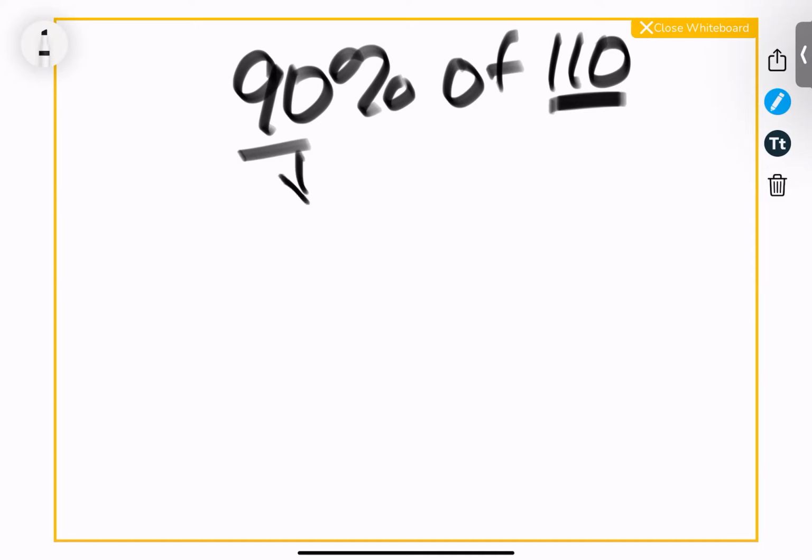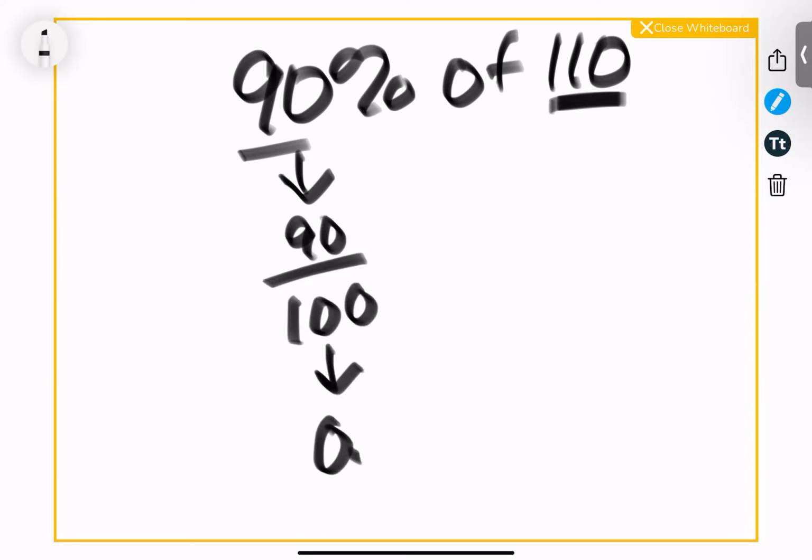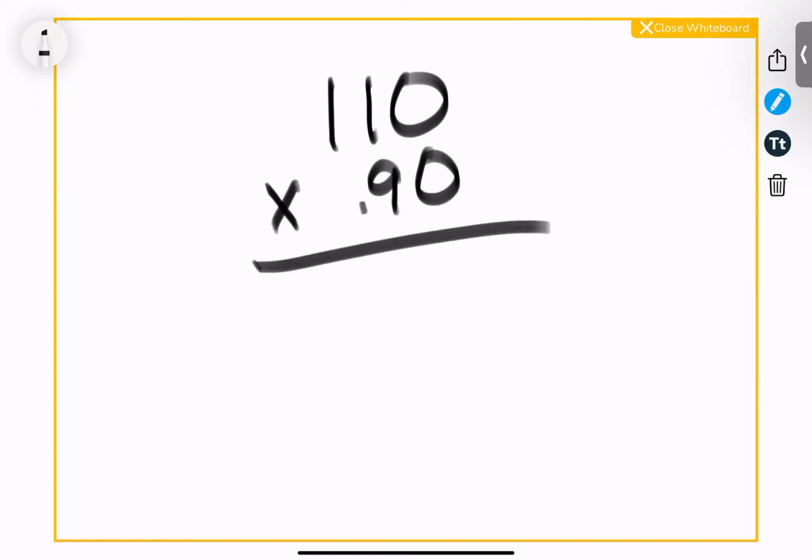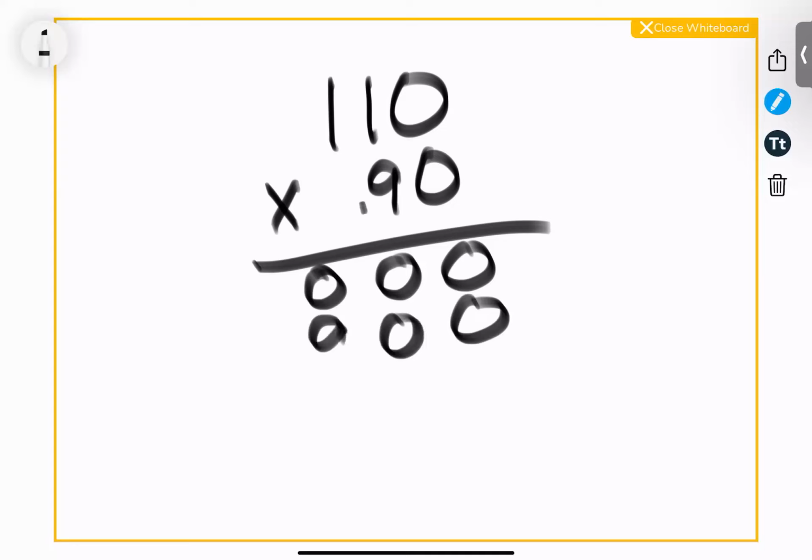So 90%, 90 out of 100, 90 hundredths times 110, okay? Decimal times my number, 110 times 90 hundredths, dropping that front 0 because it's decoration. 0, 0, 0, place saver, 0. 9 and 1 is 9. 9 and 1 is 9.